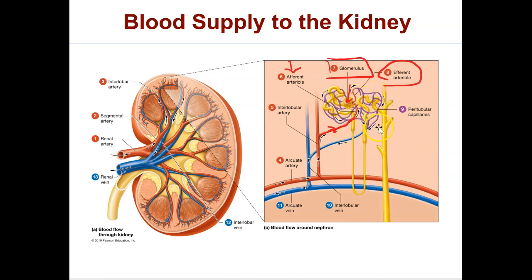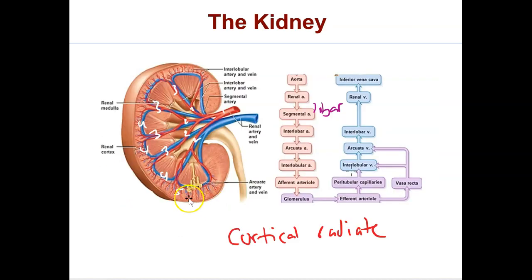And then from here, it's going to go back. Now you see the blue, and we're coming back through the interlobular vein to the arcuate vein, right? We have our little curve here, and then if we follow that back out, there's my arcuate, we're going to come back through our interlobular, arcuate is the curve, the number 3, remember, is going to be my interlobar.